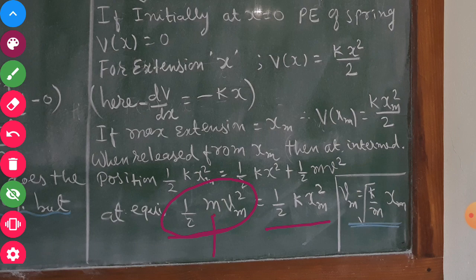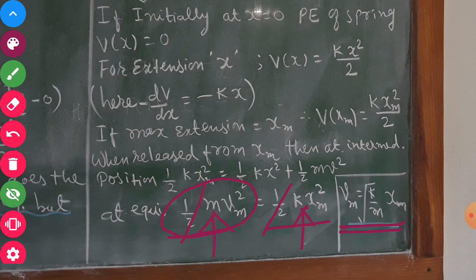That is, finally the energy is totally in the form of kinetic energy, while initially the energy was in the form of potential energy. If you cancel out the 1/2 and make vm the subject, then you will get vm equal to under root k upon m into xm as the maximum velocity.